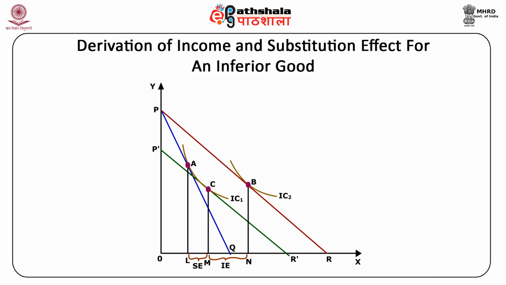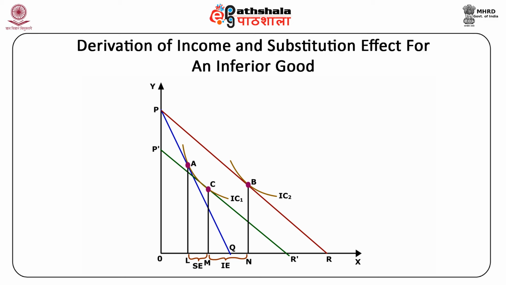In this case, the substitution effect LM is opposite in sign and greater in magnitude compared to the income effect MN, so that the total price effect is positive.